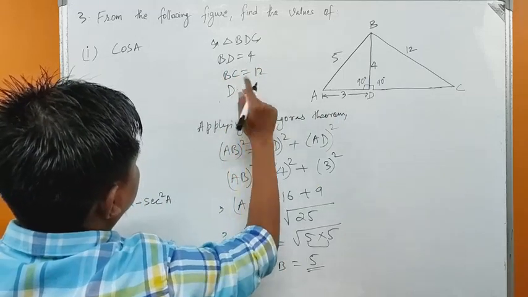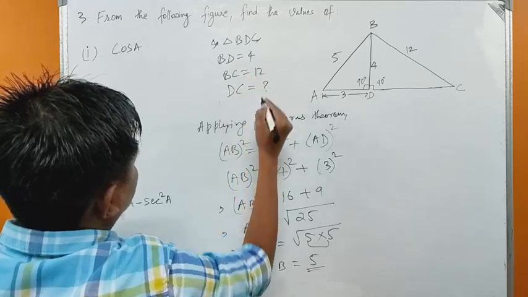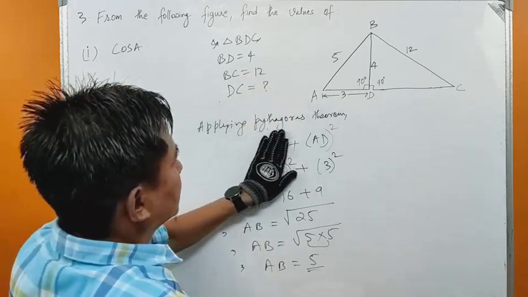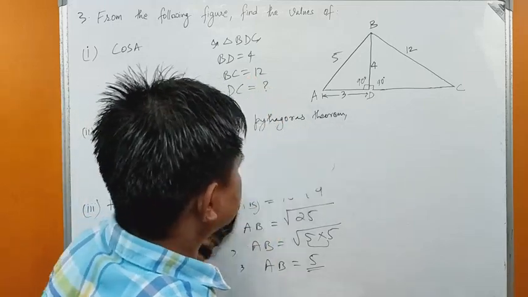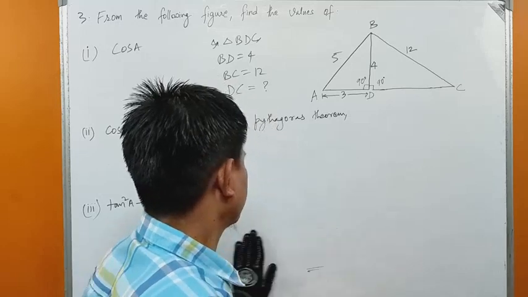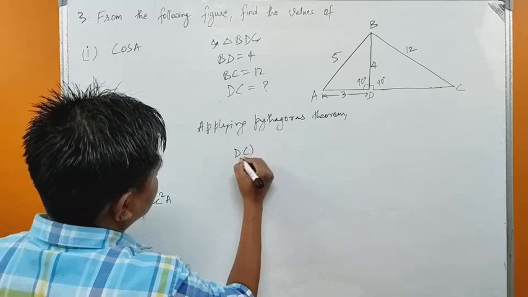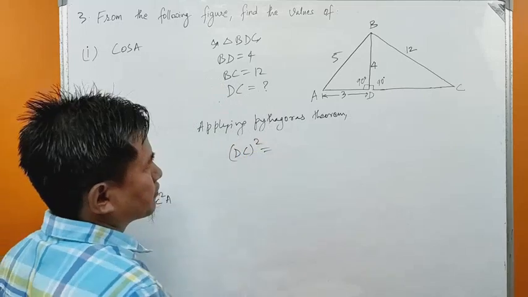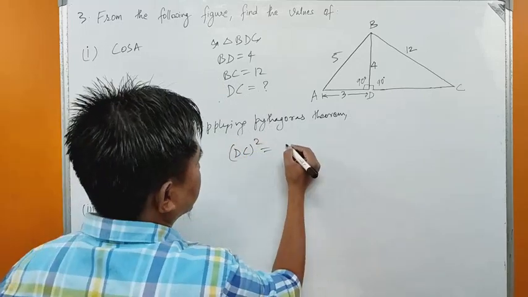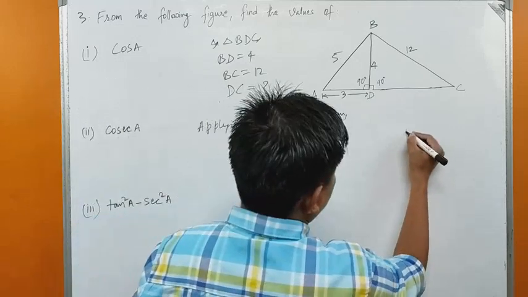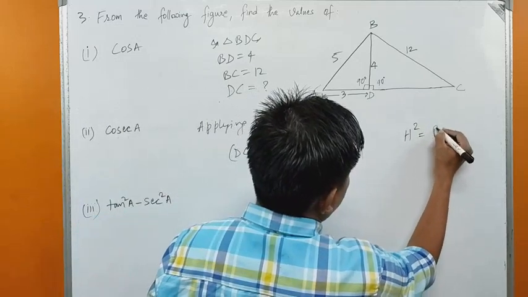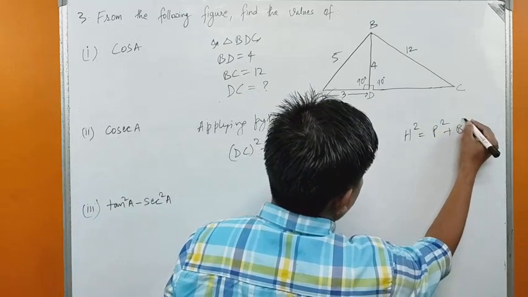So DC equals question mark. Applying Pythagoras theorem, let us find the value of DC. Base square, DC square equals hypotenuse square minus perpendicular square. Since we know that h square equals p square plus base square, isn't it?